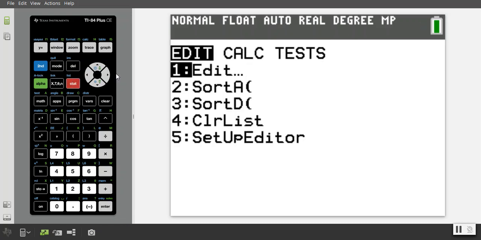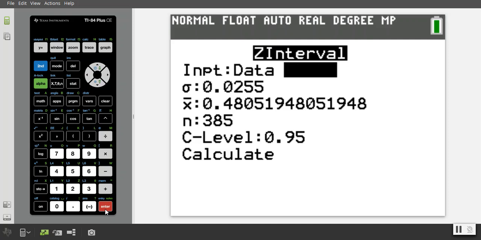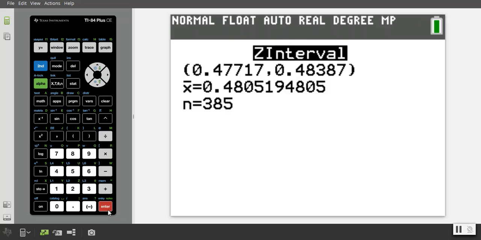So it may be best to just go ahead and use the given information instead, because this is not giving us what we wanted. Even if I change it, it doesn't do anything for me.